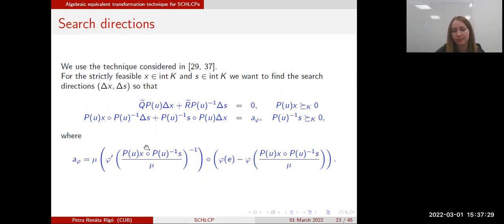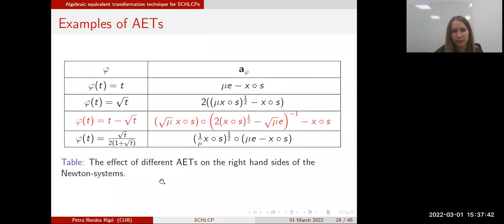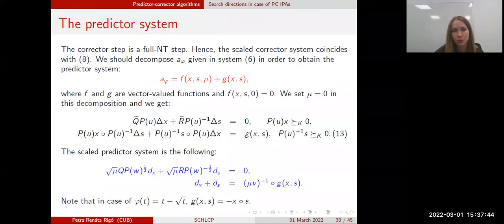But if we set mu to 0, then we have to make a decomposition. We try to decompose this phi, this right-hand side, into two terms: one which depends on mu, and the other one which does not depend on mu, and for which f(x, 0) is also 0.